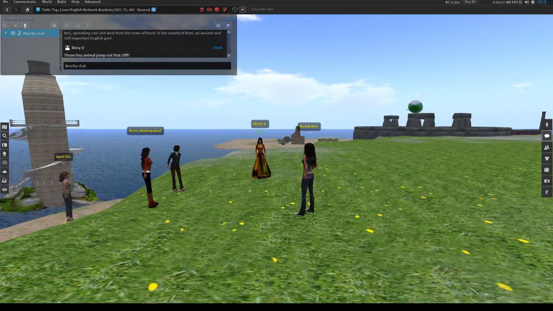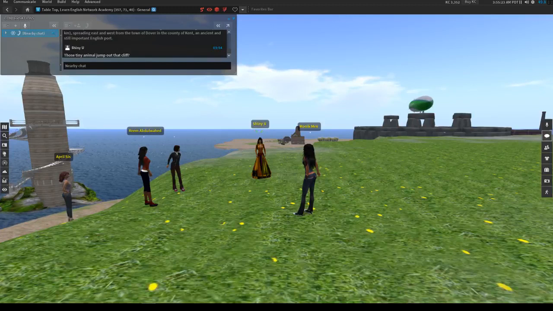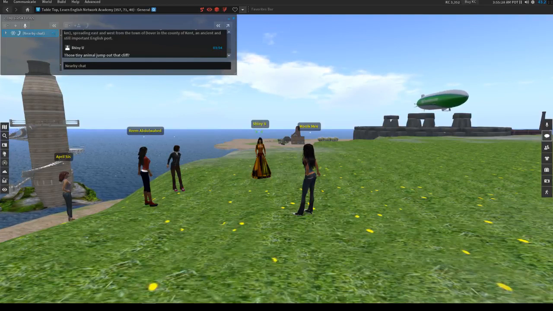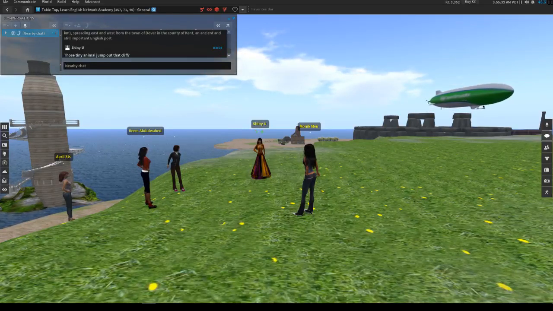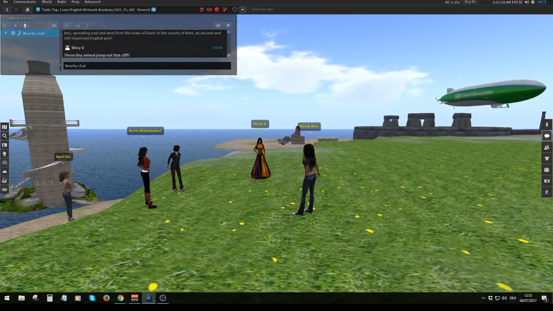The cliffs stretch along the coastline for 8 miles, 13 kilometers, spreading east and west from the town of Dover in the county of Kent, an ancient and still important English port.